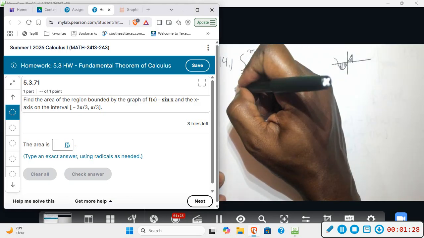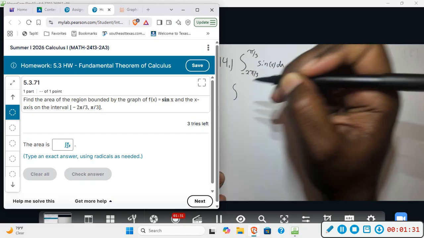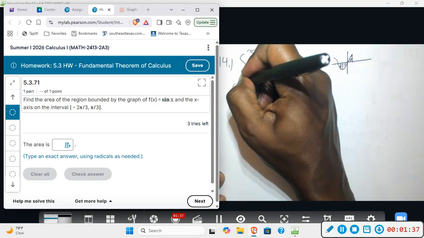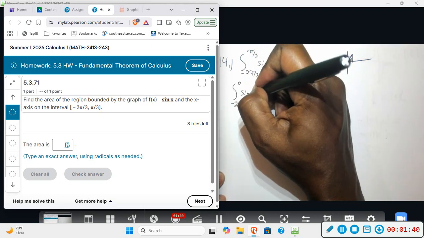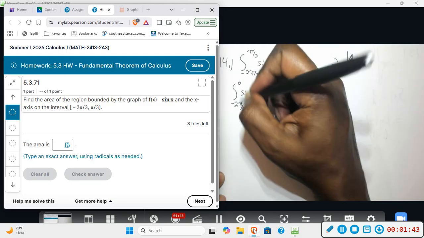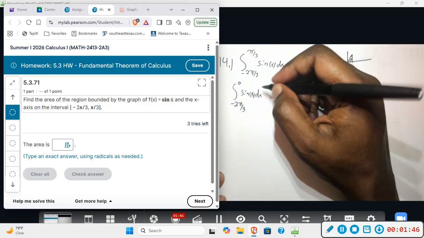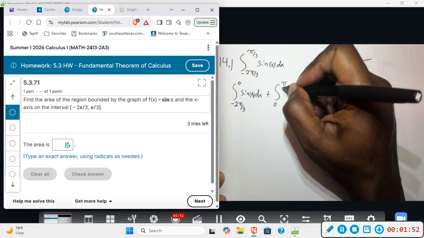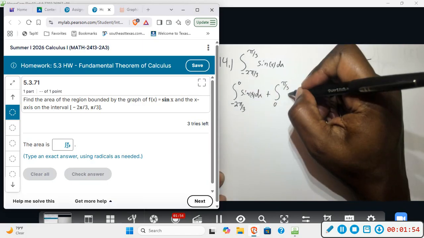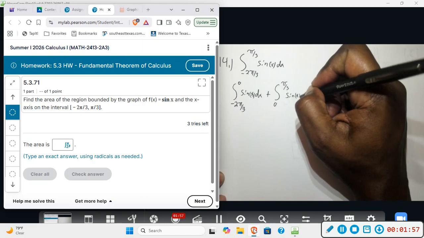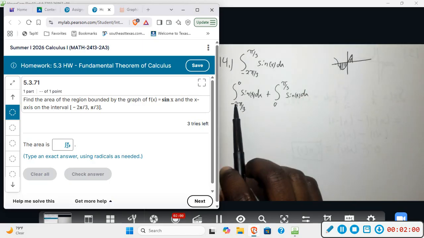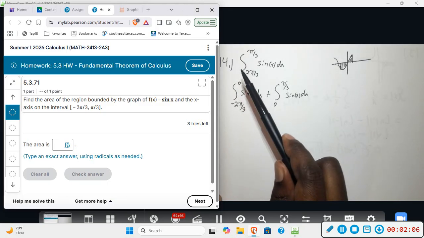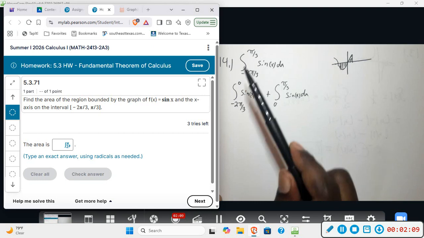So what we really want to do is the integral of negative 2 pi over 3 up to 0 of sine x dx. And 0 stops where this graph goes positive, and then we'll do plus the integral from 0 to pi over 3 of sine x dx. All right, the derivative of negative cosine would give us sine.